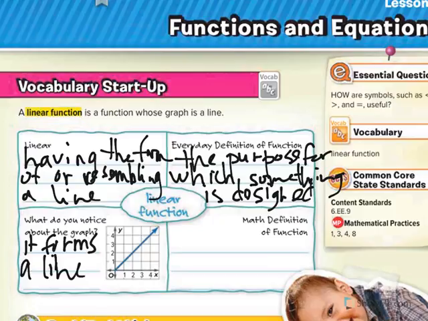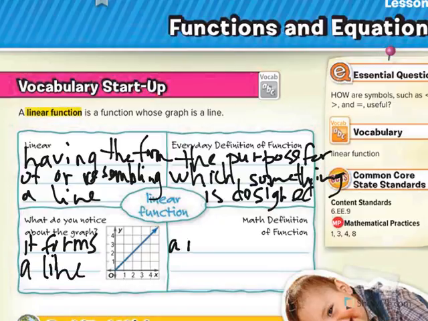And the math definition of a function means that it's a relationship that has exactly one output value for every one input value. So basically every input serves a certain function, but has that output.